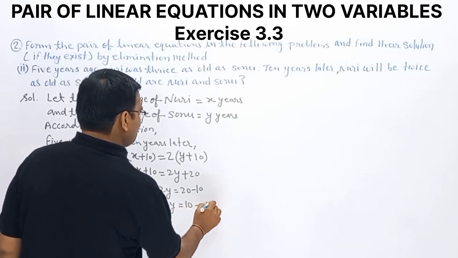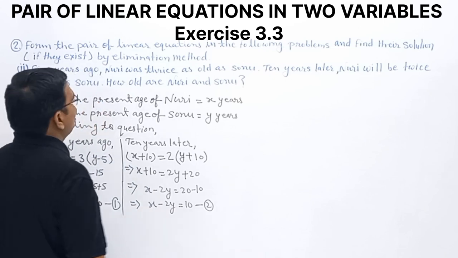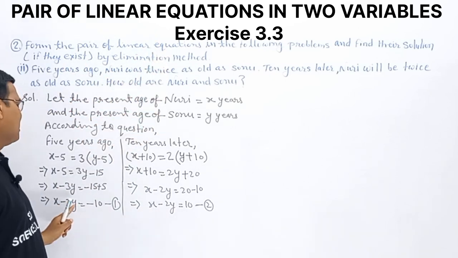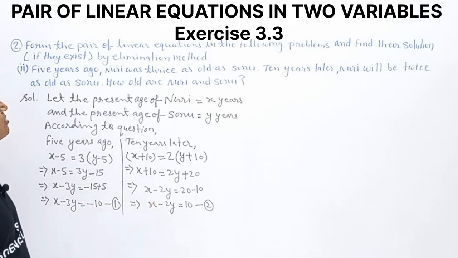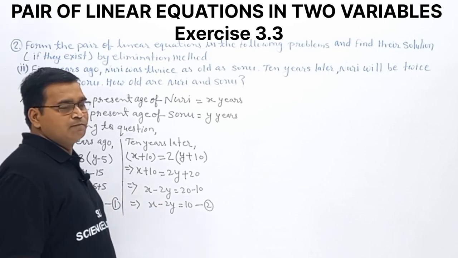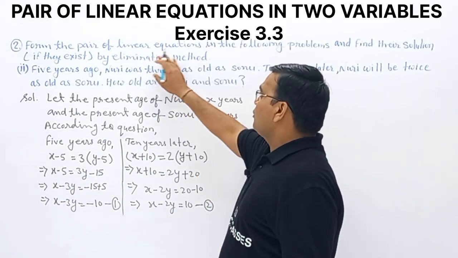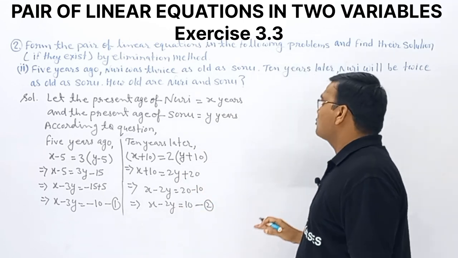This is equation number 2. So from these situations we obtained a pair of linear equations in two variables, equation 1 and equation 2. Now half of this question is completed.